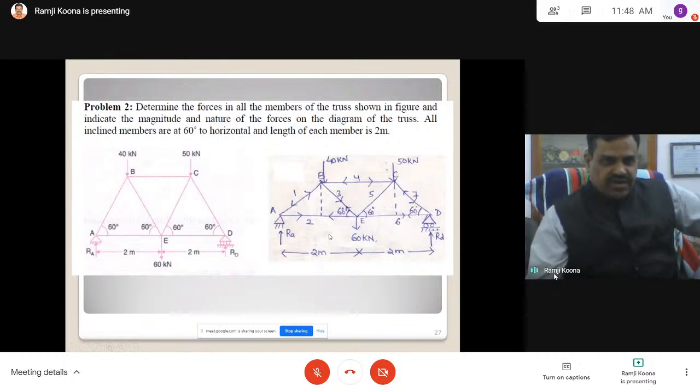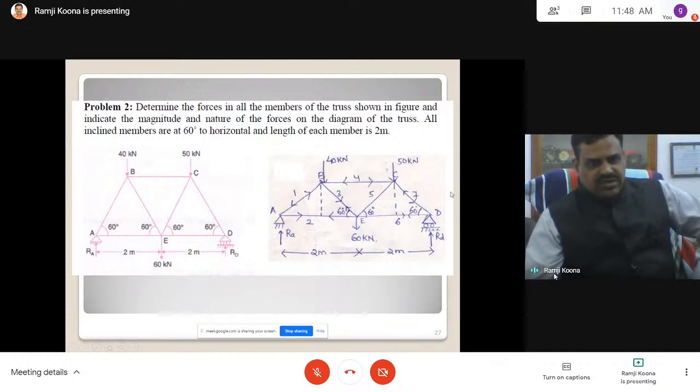If you take moments about any point, you will get RAX as 0. Now the total upward force, RA plus RD, equals 40 plus 50 plus 60, the external loads. These are the active forces and these are the reactive forces. So 150 is equal to RA plus RD. Taking moments about this point or that point, you will get one more equation.